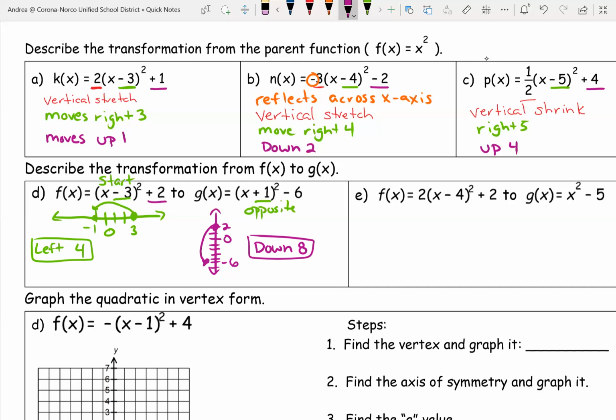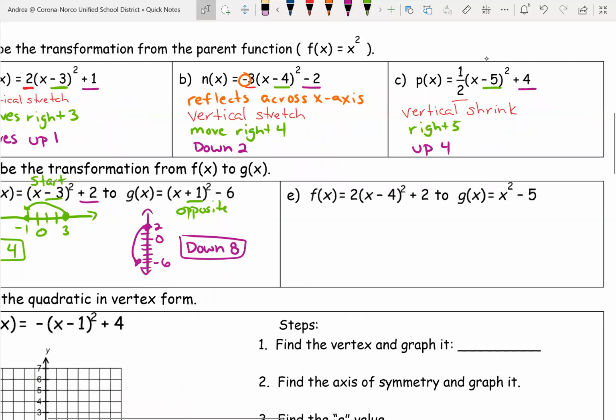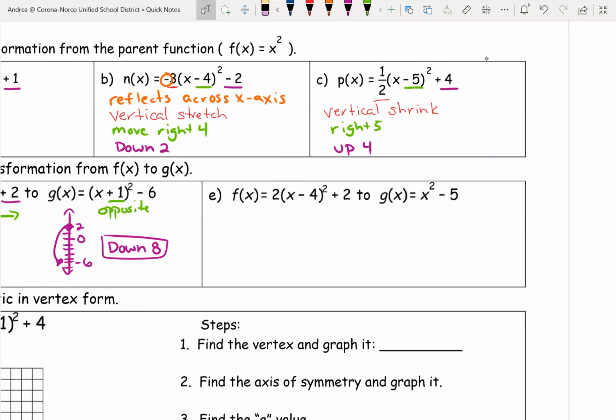So in your homework, they're going to have to compare two different equations. Okay, the next one. The next one's a little trickier because they give you an A value. Okay, in one of the A values, it's 2.